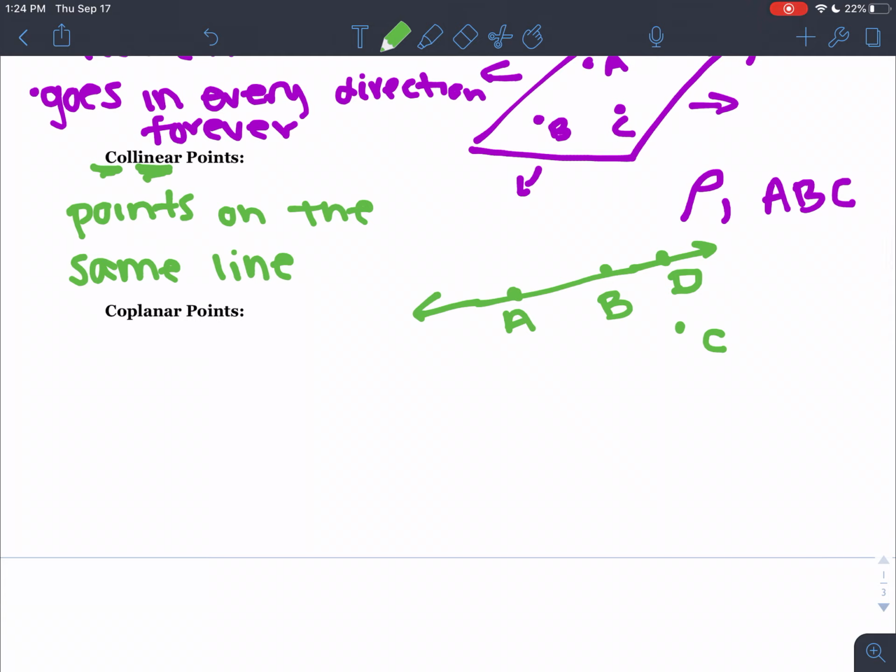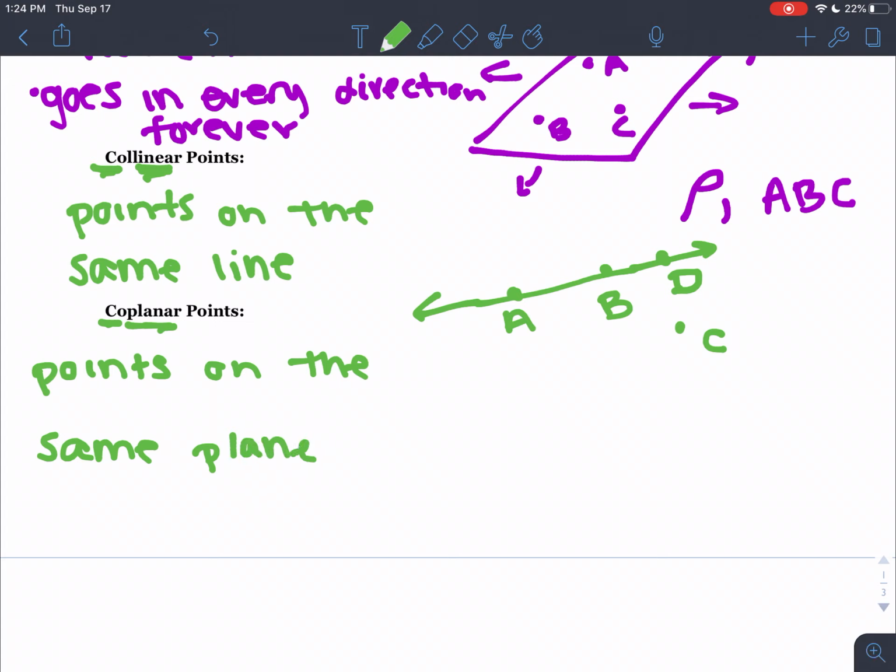Coplanar points are pretty similar. Co, meaning together, and planar, meaning on the same plane. Points that lie on the same plane. So if I draw like a piece of paper like I did before, remember a plane is flat.